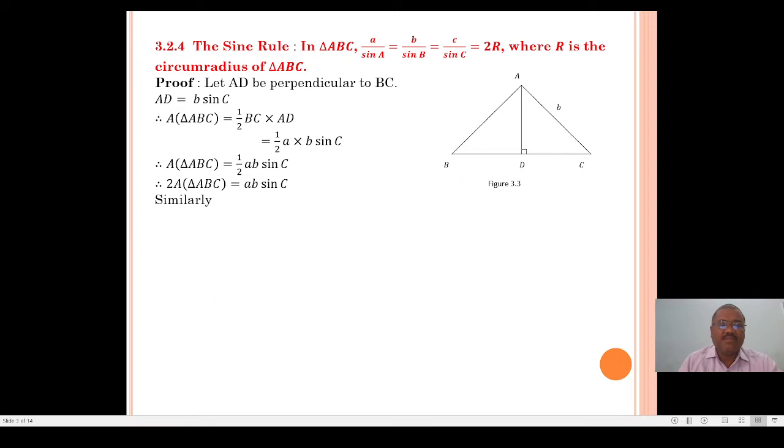And similarly, we can prove 2 times area of triangle ABC equals ac sin B, and 2 times area of triangle ABC equals bc sin A.